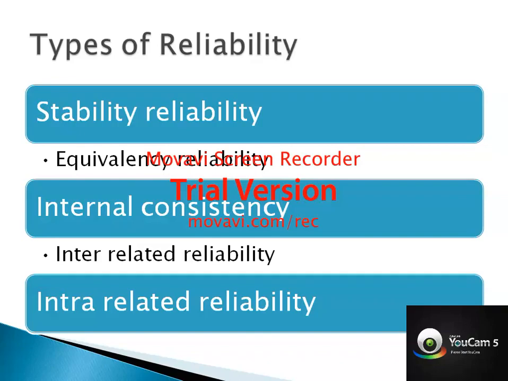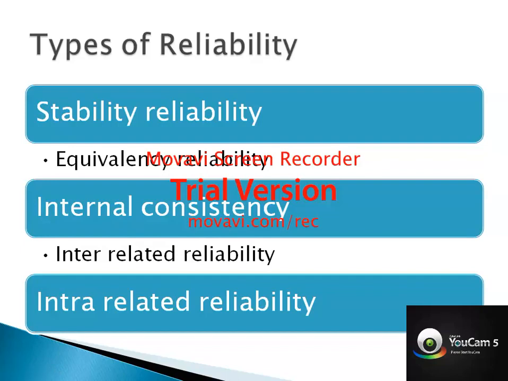So the first one is stability reliability. The stability is nothing but it should give a stable result, the same result at different places or different times. This is done by the test-retest method or repeated observation. So you do a test and again do a retest and compare both tests and see what the correlation is.